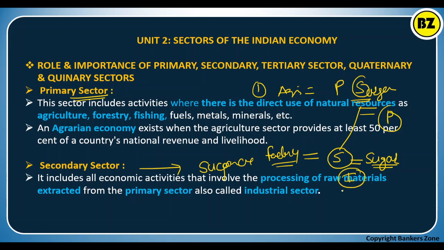The sugar factory is the industry. So what is the secondary sector? Simply the sector which processes the raw material extracted from the primary sector, also called the industrial sector.